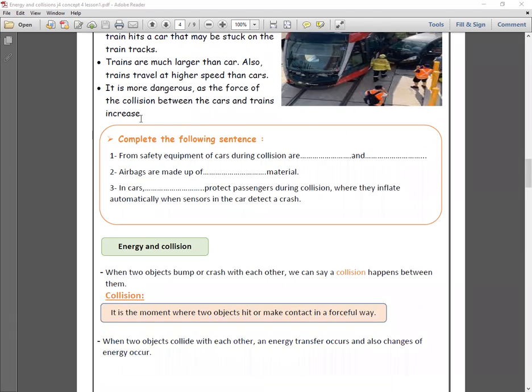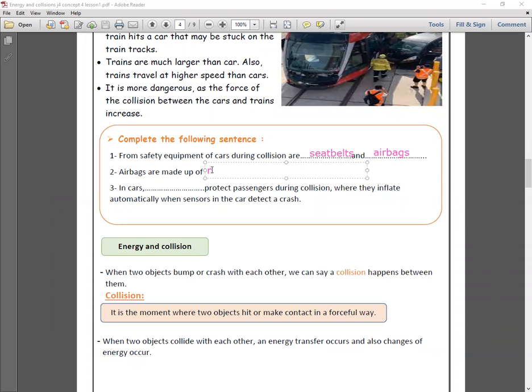Okay, now let's solve this small evaluation. Safety equipment, of course, during a collision are seat belts and airbags. Airbags are made of nylon material, okay?